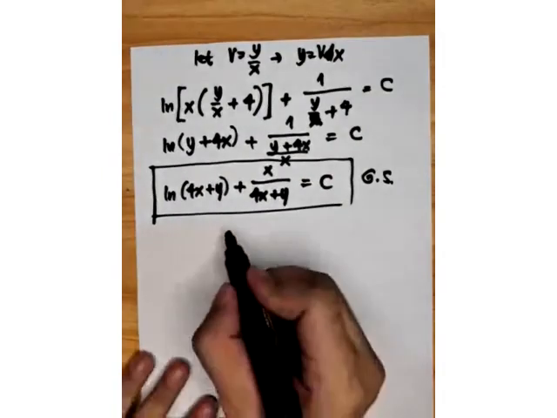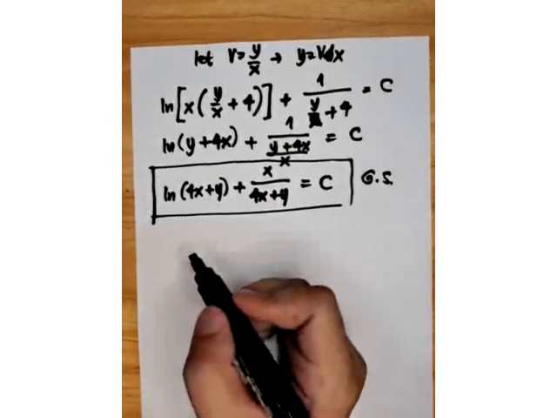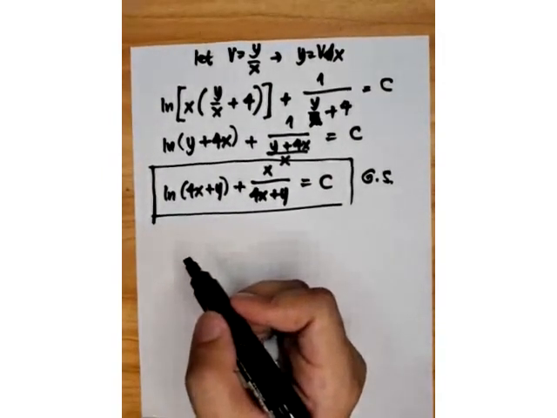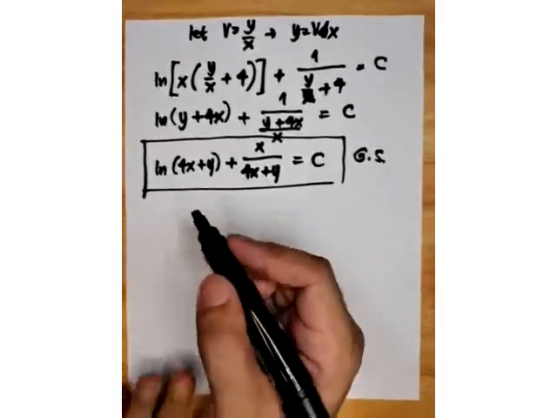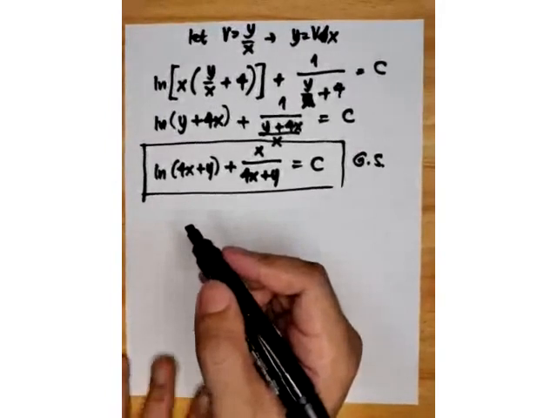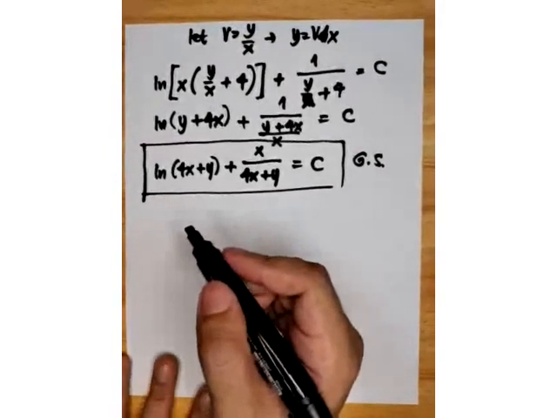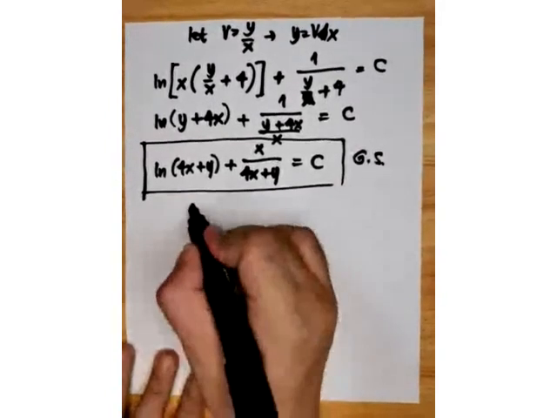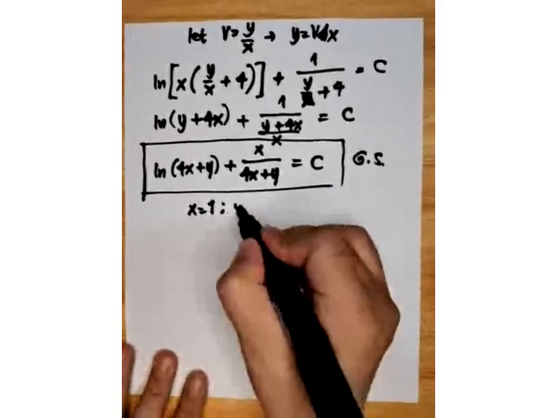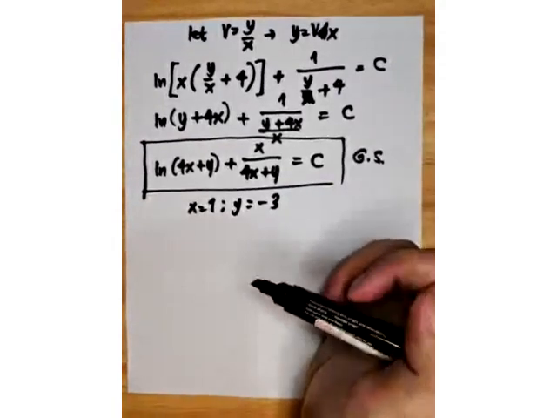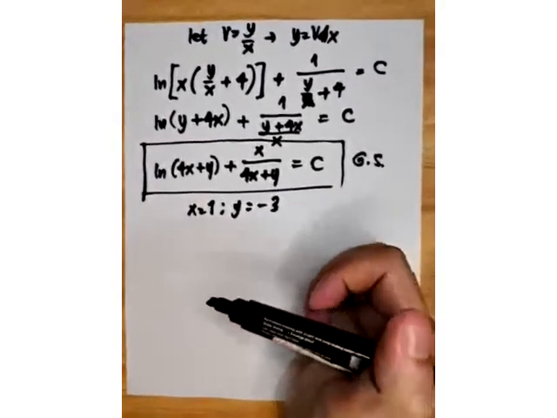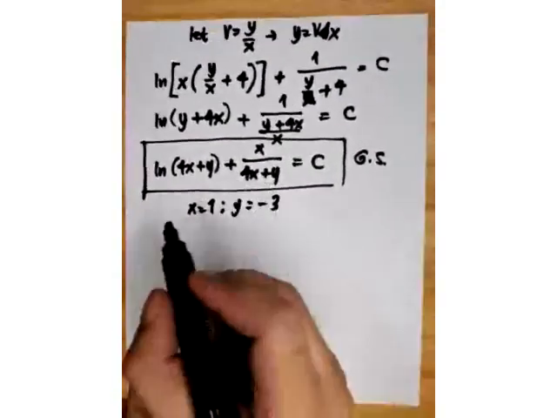Okay. And since we had a condition natin, okay, that if x is 1, y is equal to -3. So what's the value of c? So let's substitute.